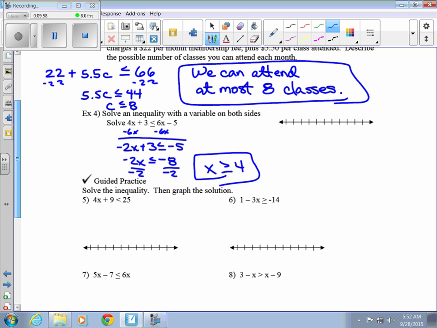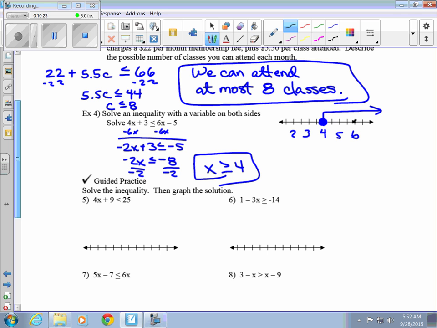There is our inequality, and we want to graph it. And there's your solution. Now, you can always check to make sure that it works. Plug one in. So let's say I take the number 6, and I plug it in.